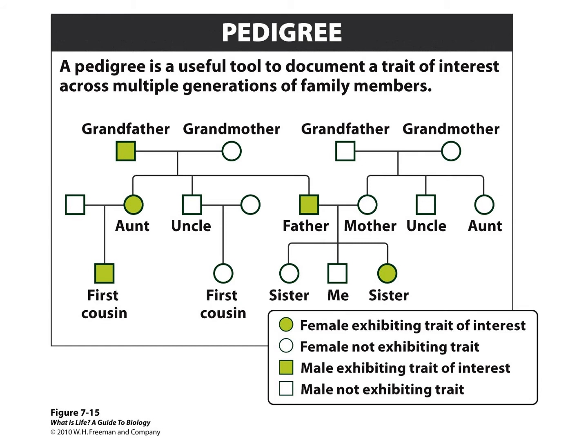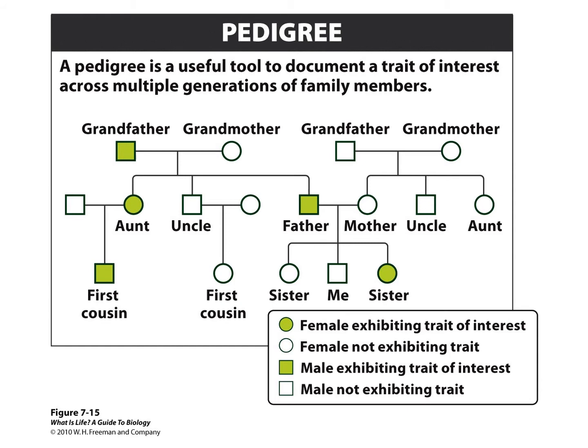So in a pedigree, males are squares, females are circles. If a person is affected by this trait, their symbol would be shaded. A horizontal bar connecting a male and a female indicates that they have had biological children. So if you drop down from that bar, you will see their offspring, and they're listed in birth order.